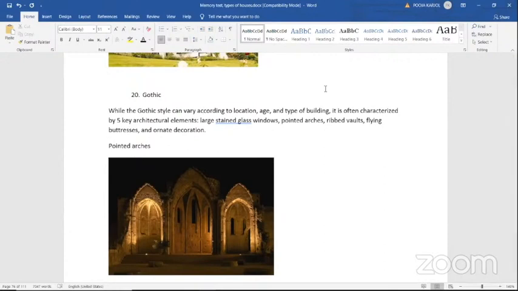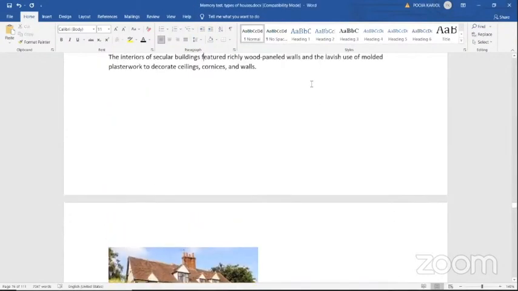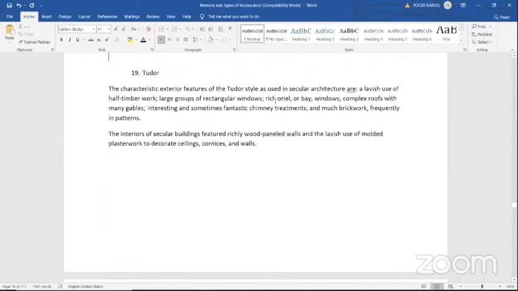Tudor once again. Tudor style: a lavish use of half-timber work, large groups of rectangular windows, rich oriel or bay windows. Complex roofs with many gables, interesting and sometimes fantastic chimney treatments.